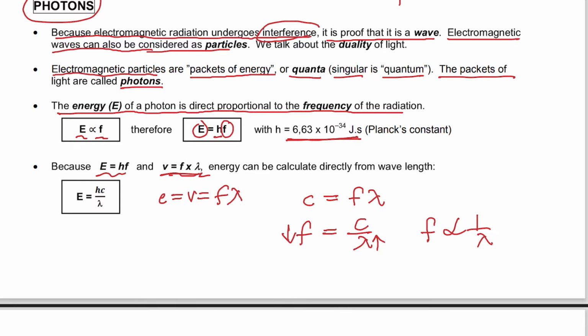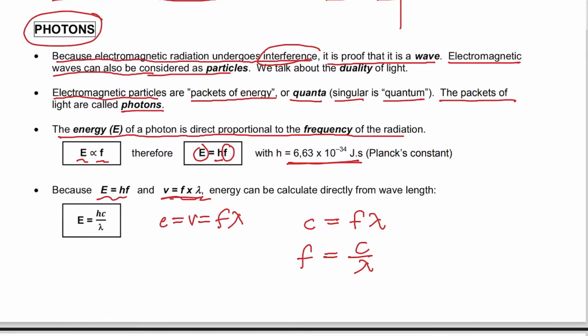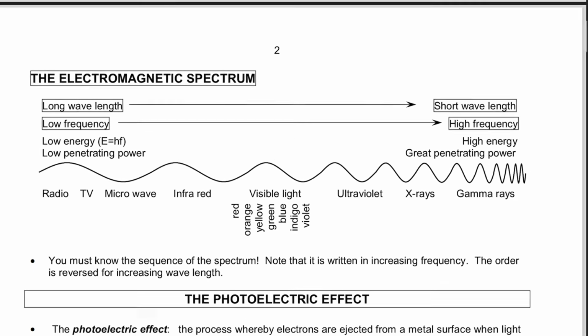Do you see the proportionality there? At constant speed they are inversely proportional. Then from the formula that says energy is equal to Planck's constant times frequency, if we don't have frequency, we can substitute it: instead of f we say C divided by lambda. We can calculate the energy by that, right?